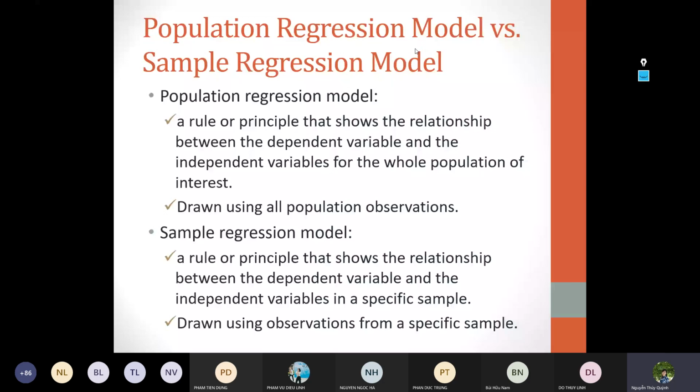Remember that for one population, you only have one population regression model.